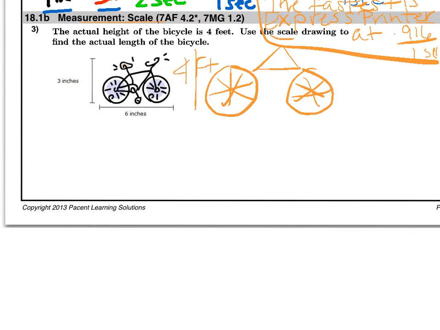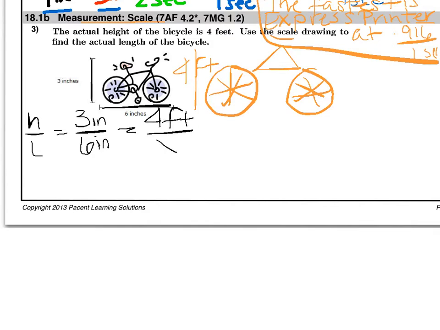Okay, so we need to set up these proportions so that we can use what we know and solve. I'm going to say that I have height to length. Height to length is 3 inches to 6 inches, and my real height is 4 feet.